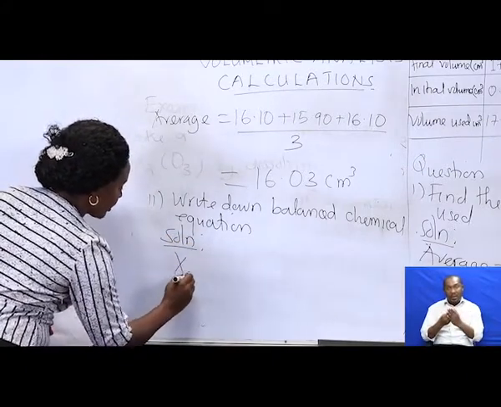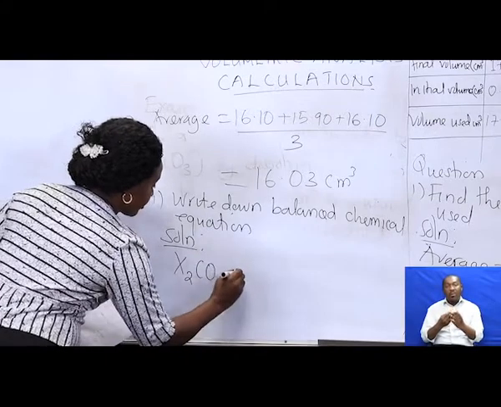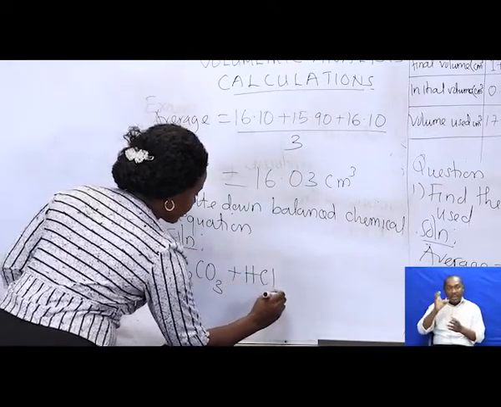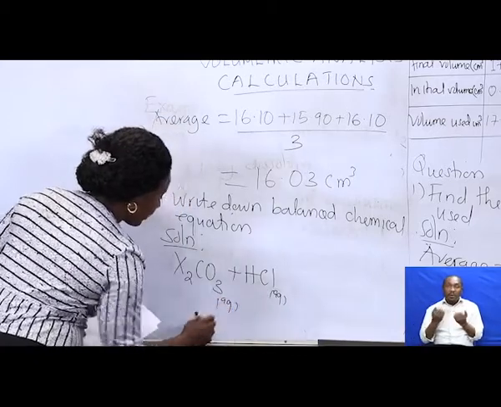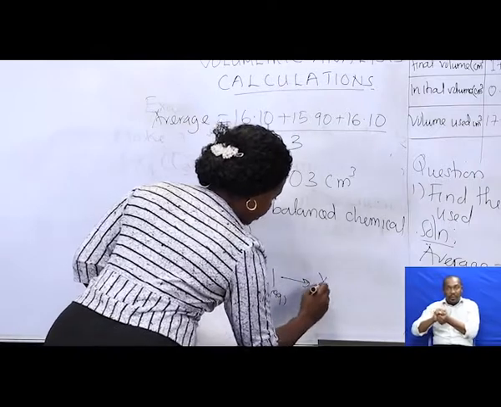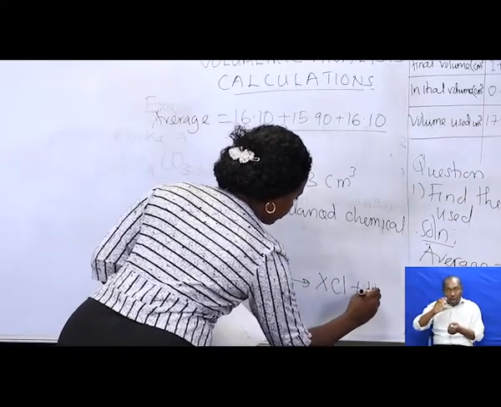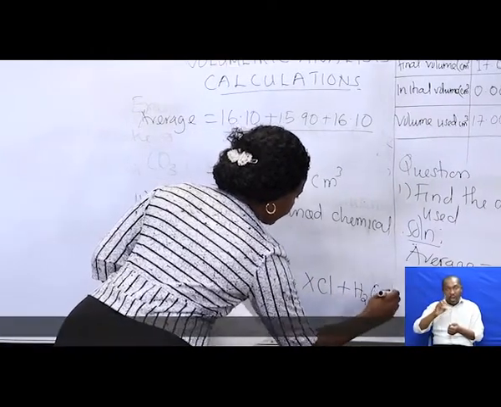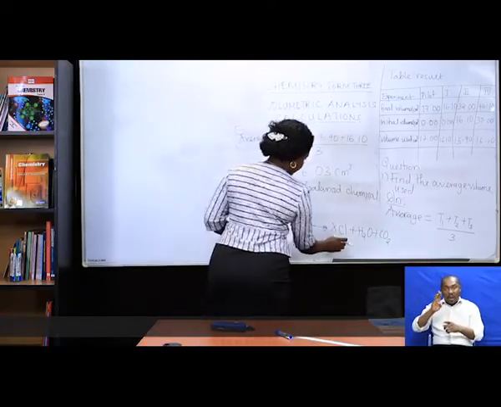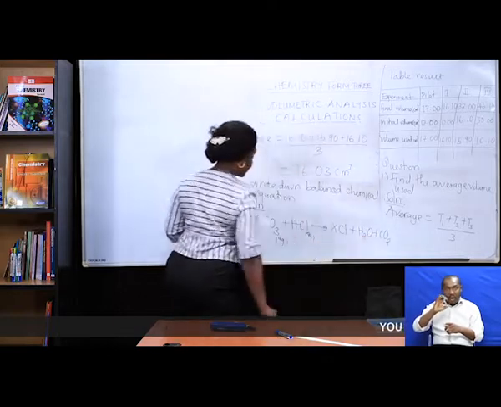It is metal carbonate reacting with the hydrochloric acid. And then what will be the product? The product will be metal chloride plus water plus carbon dioxide gas.